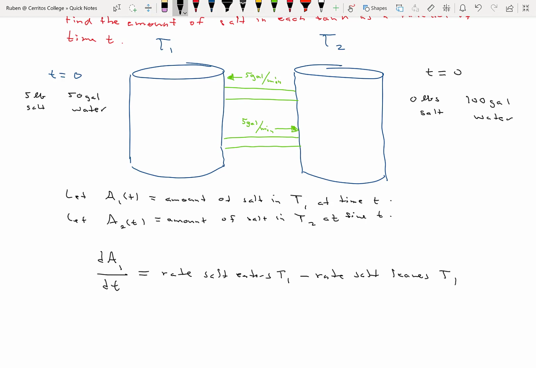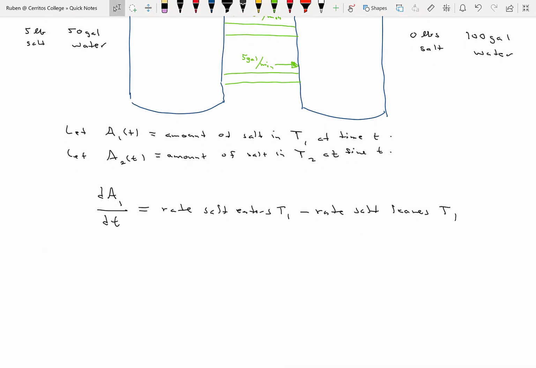Okay. Now here's where it gets a little complicated. We need to actually compute these two rates. Well, the rate that salt enters T1 is the concentration of the salt entering times the rate that the salt is entering. You'll understand this as soon as I write this out symbolically.